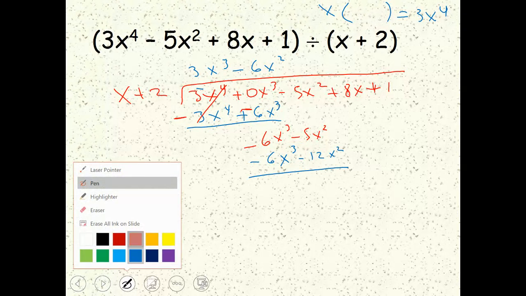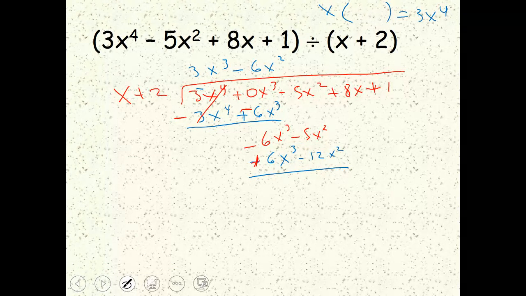All right. Now we're going to subtract by changing these signs again. That's what subtraction means. Minus 6x to the third plus 6x to the third, those are gone. And if they're not gone, there's a problem. Minus 5x to the second plus 12x to the second makes 7x to the second. And I bring down the next term, which is an 8x.